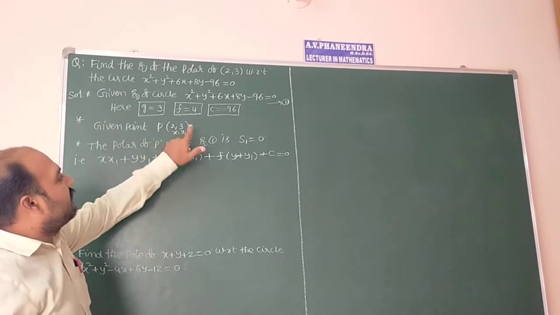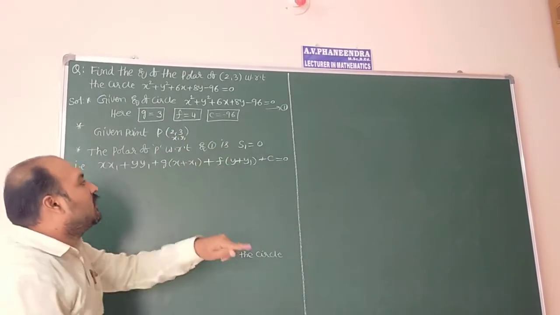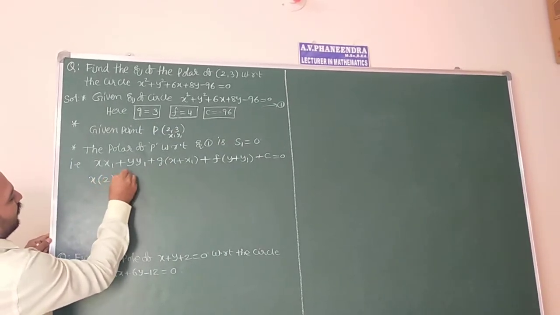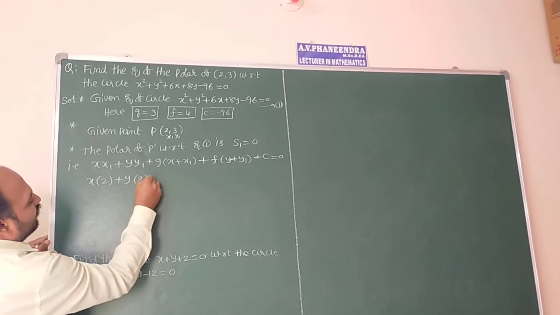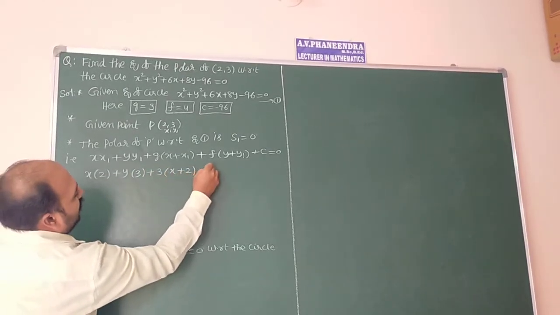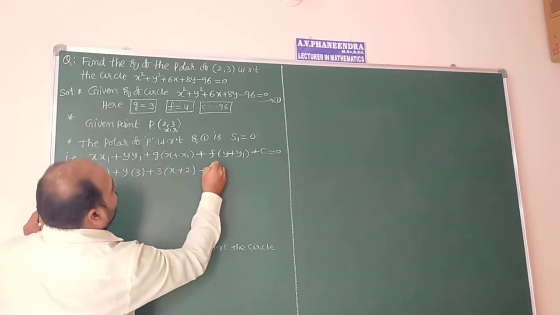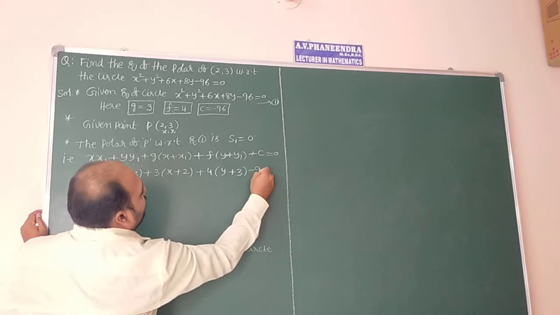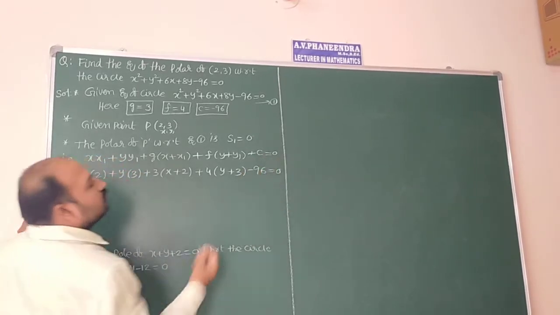Substitute the x1, y1 values as well as the c, g, f values. x into 2 plus y into 3 plus 3 into (x plus 2) plus f value 4 into (y plus 3) minus 96 is equal to 0.